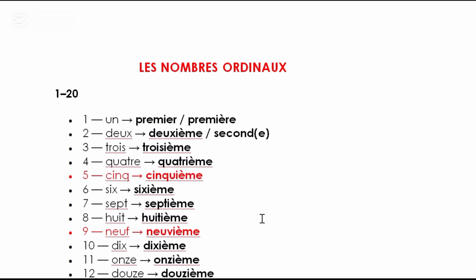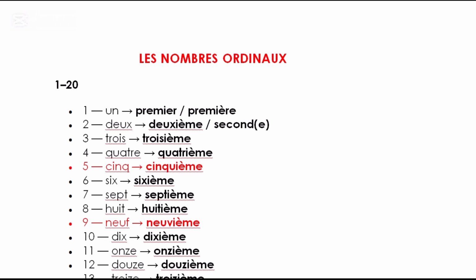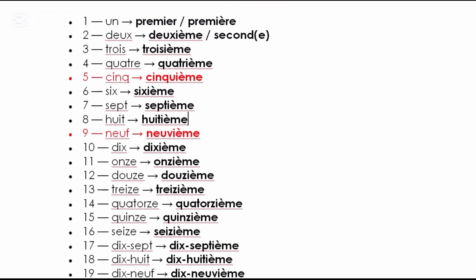Now, when the cardinal number ends with E, remove the E and then put ième. Here you have already removed the E, and then you have put ième.